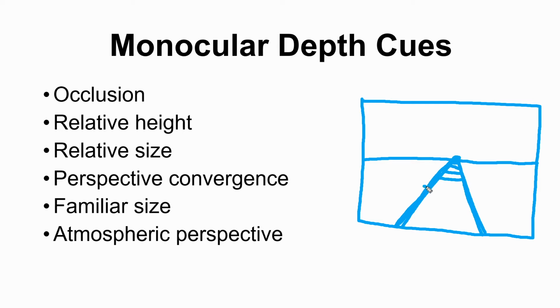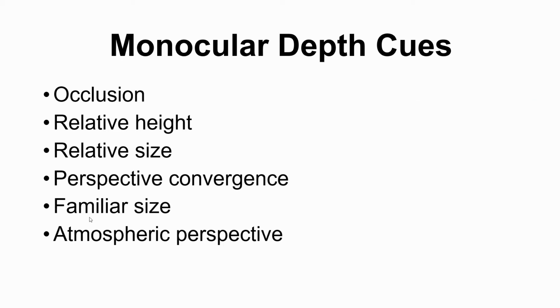It's not that railway tracks will eventually come to a point, it's that they look like they're converging off in the distance. So as they get further away, they look smaller, and it gives the illusion of them converging. So perspective convergence, this sort of melding off to a vanishing point, is what's going on here. So that's perspective convergence.